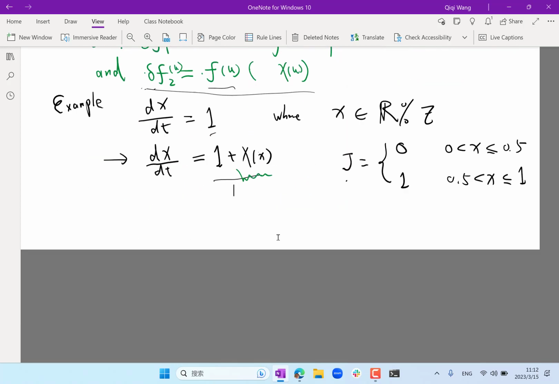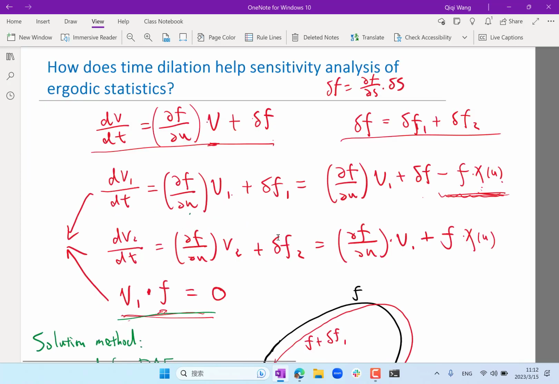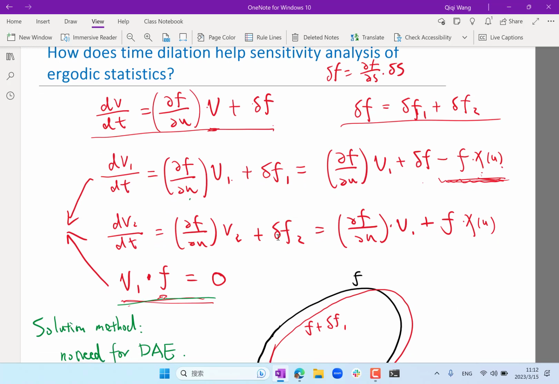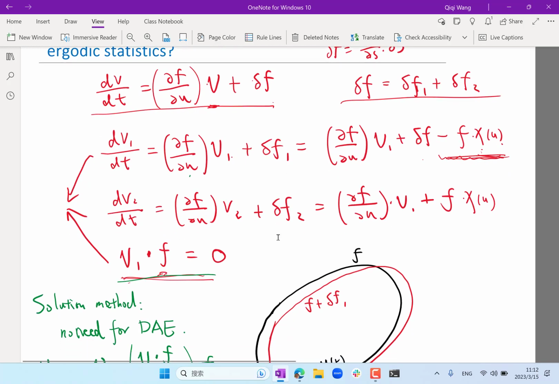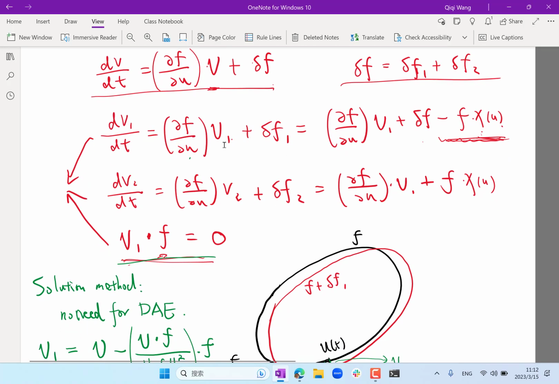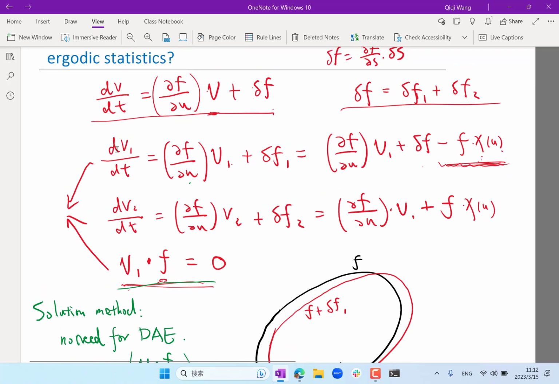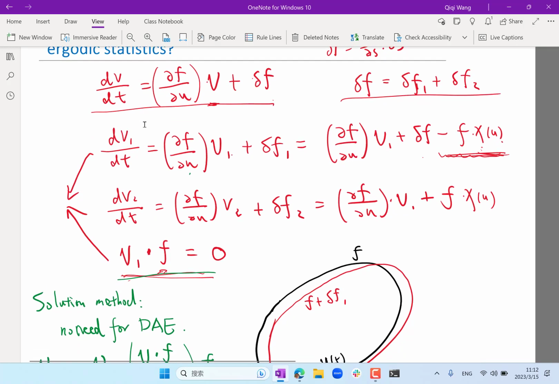We have shown that we can solve these two parts by projecting a regular solution of the linearized equation, which actually grows in time, into the direction orthogonal to the time evolution direction. That would correspond to the solution of the tangent equation with delta f1, so that's the first equation.